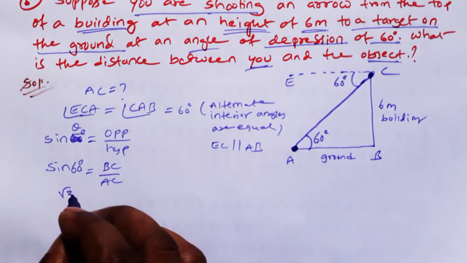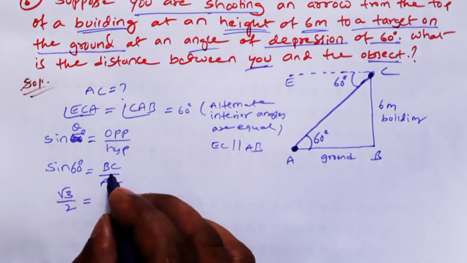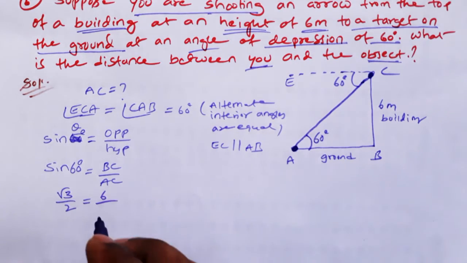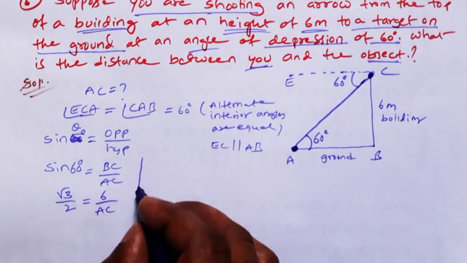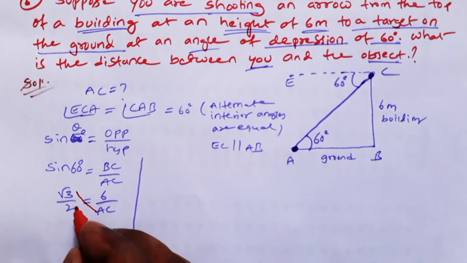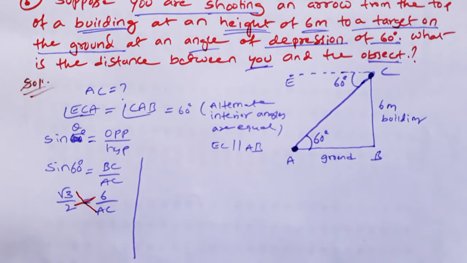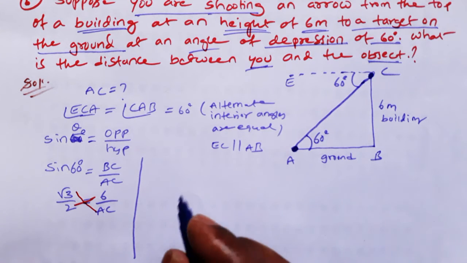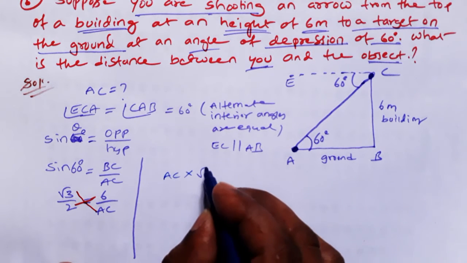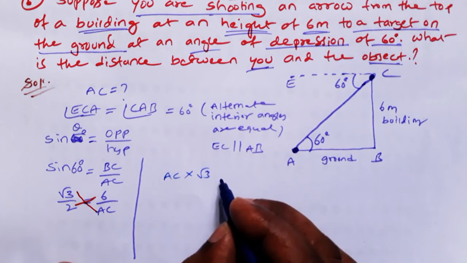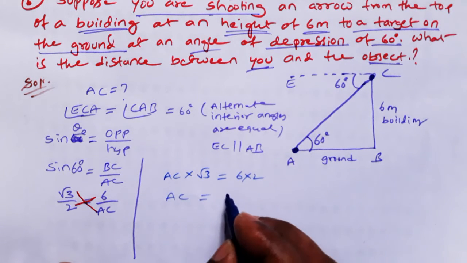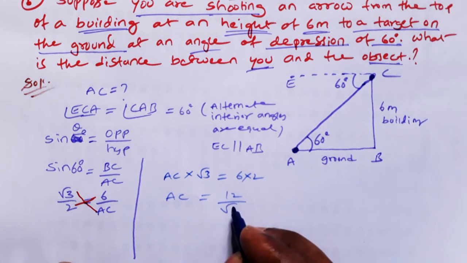Root 3 by 2. BC how much is given? 6. AC we need to find. Do cross multiplication. If you do cross multiplication, how much you will get? AC into root 3 equals 6 into 2. AC equals 12 by root 3.